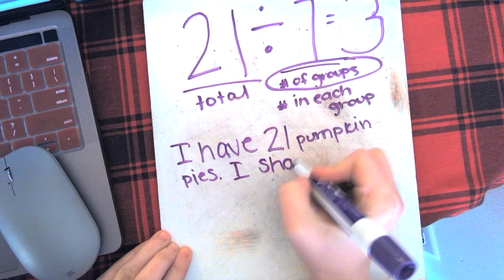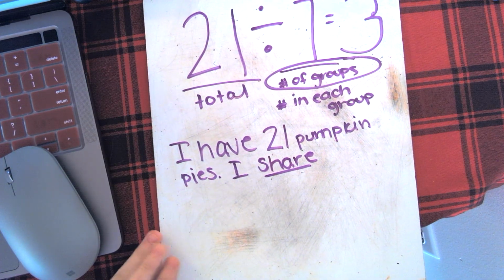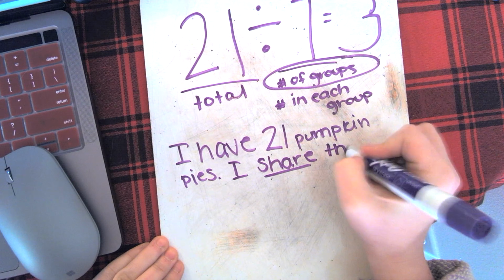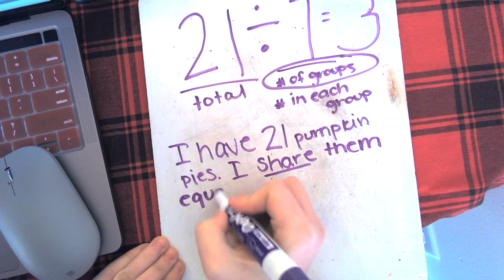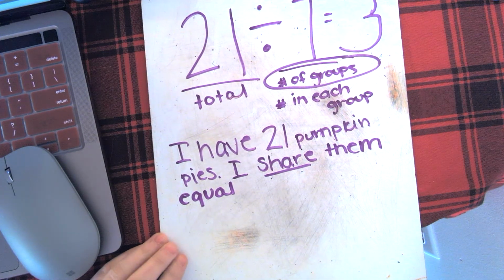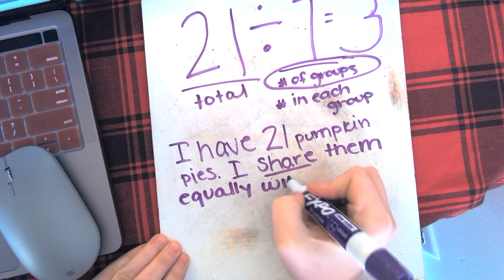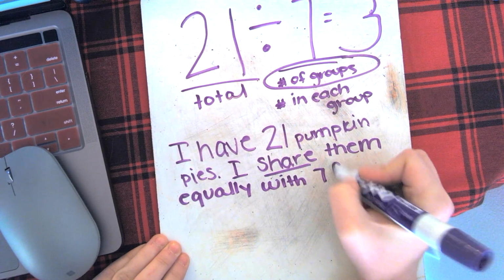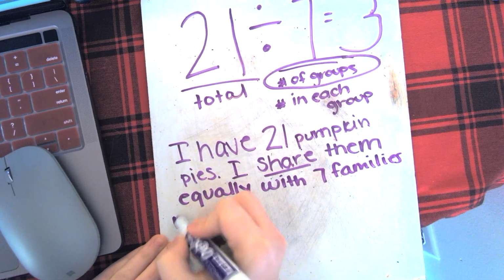The word share is often our telltale sign that this is a division equation. I share them equally. And remember, we've got to have equal groups, otherwise it's not addition or multiplication or division. I share them equally with 7 families in the neighborhood.